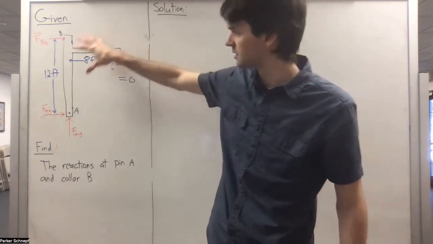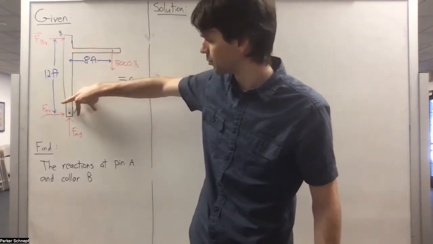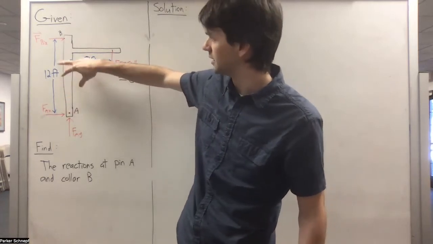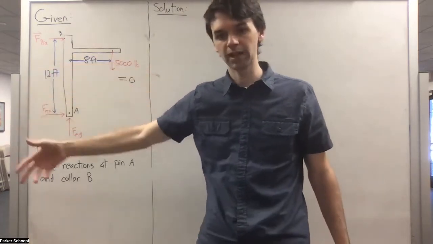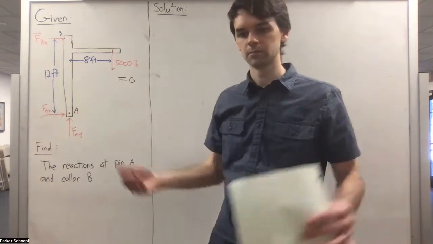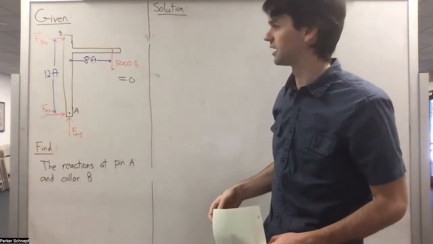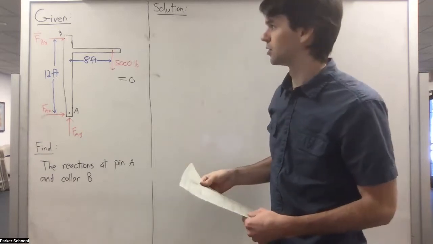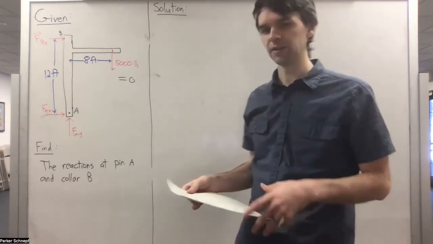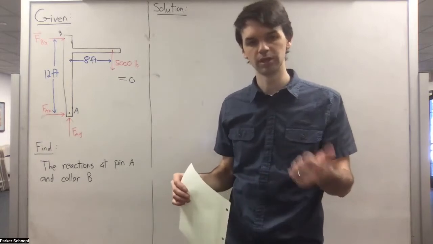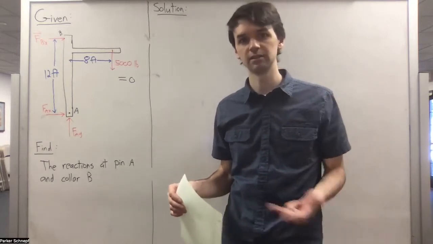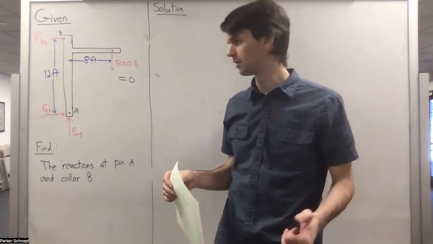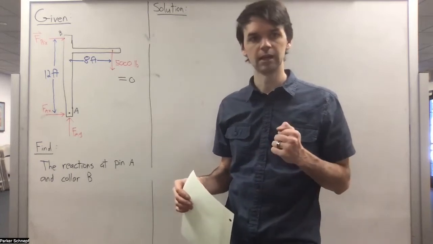The system is in equilibrium because the reactions at the supports, where it connects to the outside world, come together to cancel out the forces so that your member isn't moving. We will learn about the different kinds of supports: pins, rollers, cantilevers, cables, collars, bearings.